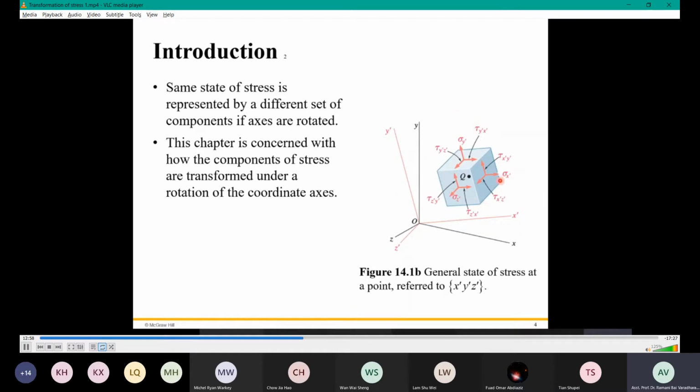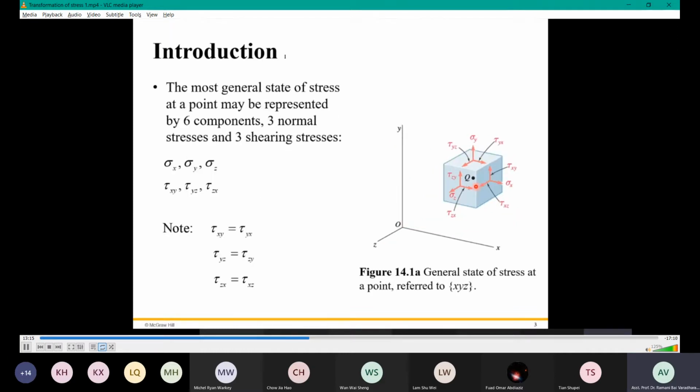The values are changing. And engineers are more concerned about where it is maximum, where it is minimum, where it is the average, where is the ideal condition for its design. That is where these Mohr circles will help you. I repeat, when the object is like this, the same constant value acts on it.